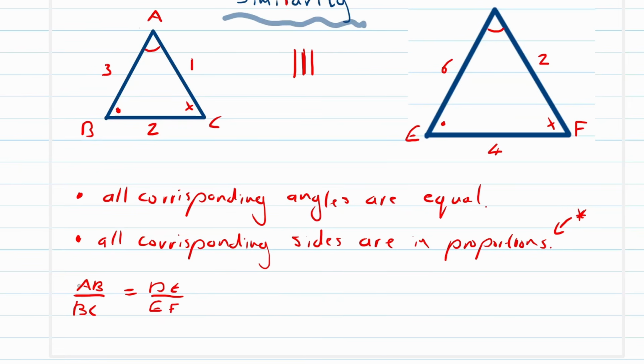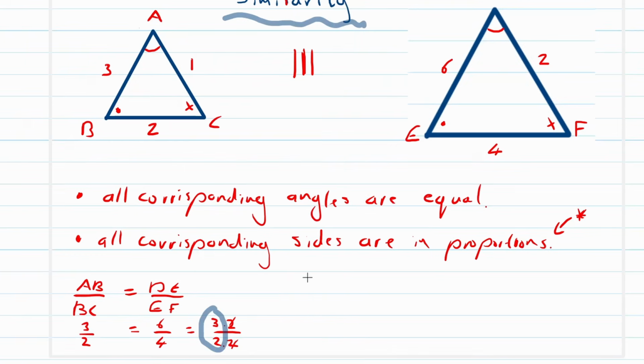Let's test to see if that's true. AB is 3, BC is 2, and DE is equal to 6, and EF is equal to 4. Now, this is the same because 6 is 3 times 2, and 4 is 2 times 2. So these two will cancel out. And as you can clearly see here, it's exactly the same.